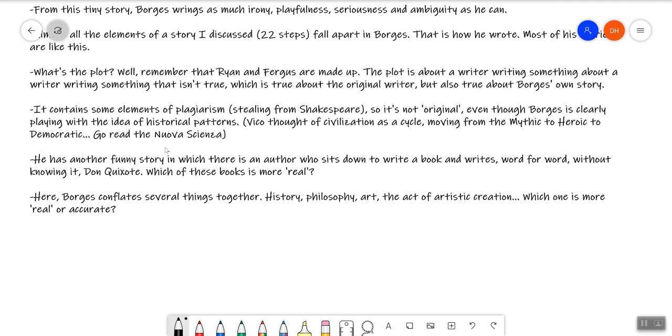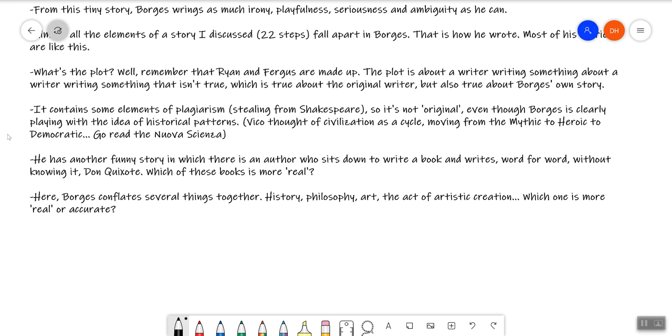So he's playing with these historical patterns, borrowing from other authors in his story, or in his narrator's character's story, or wait, no, narrator's character's grandfather's story, okay? So notice all these levels.